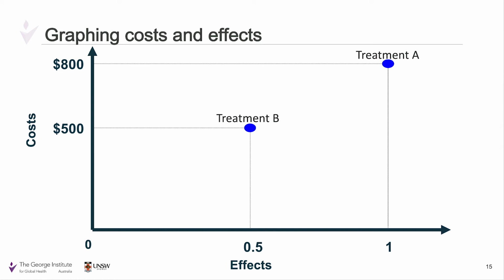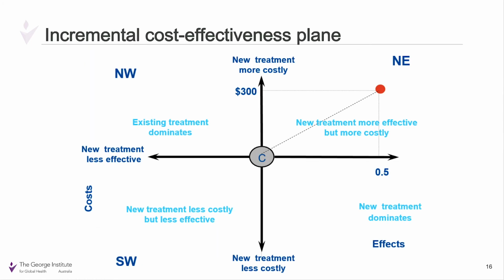So we can plot that in this diagram here. Treatment B improves life expectancy by half a year. Treatment A improves life expectancy by 1 year, but A costs $300 more than B. Another way of plotting that is on what's known as an incremental cost effectiveness plane. So you can see here that the intervention that we're looking at is more effective but also more costly.